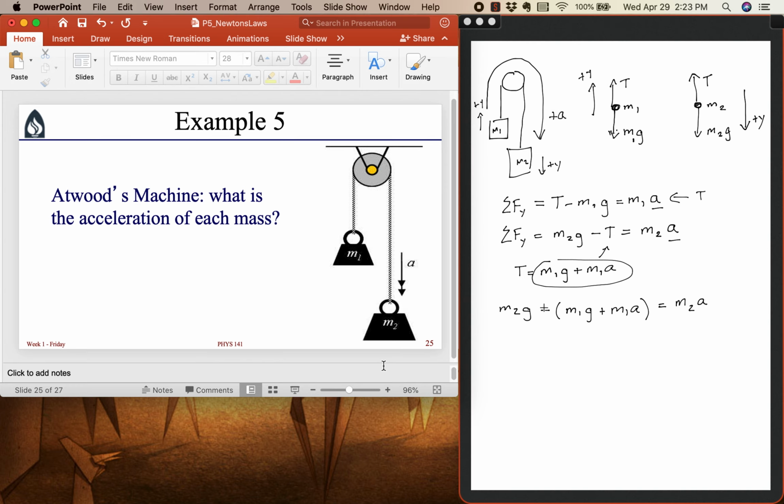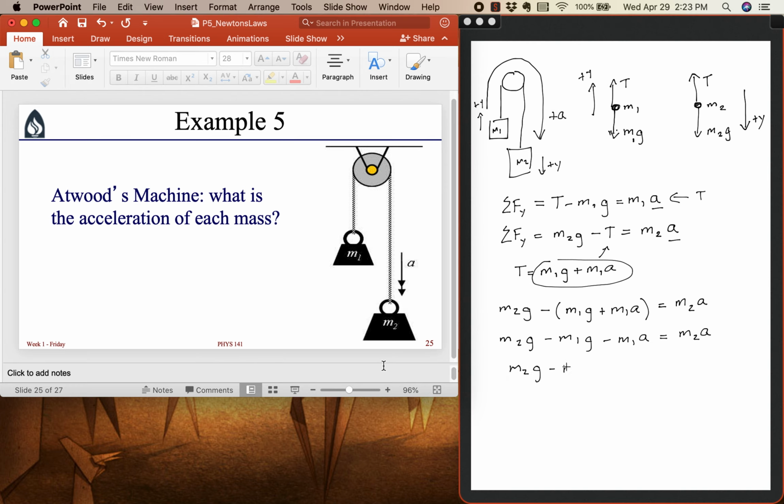So the next thing I'll want to do is to solve for the acceleration. To do that, first I think I'll distribute the minus sign over the parentheses. M2g minus M1g minus M1a is equal to M2a. Next, I'll need to get all of the stuff that involves a onto one side of the equation. So I'll add this term to both sides.